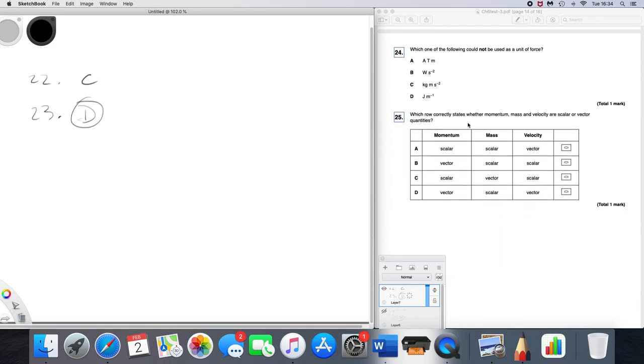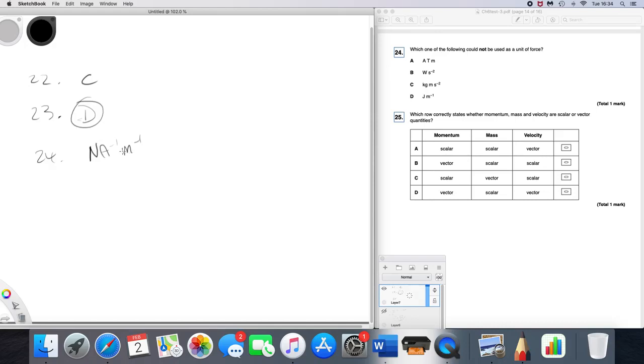Which of the following could not be a unit of force? Well, again, we're pulling back to GCSE with the tesla here, from F equals BIL, if you remember. So the tesla is the force on a 1 meter long conductor carrying a current of 1 amp at right angles to a field.